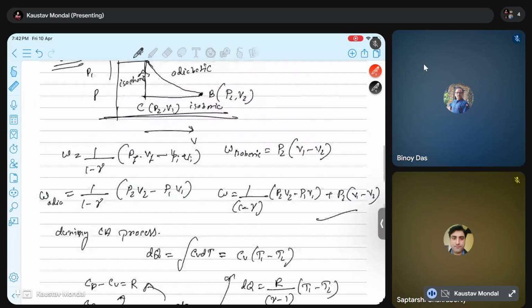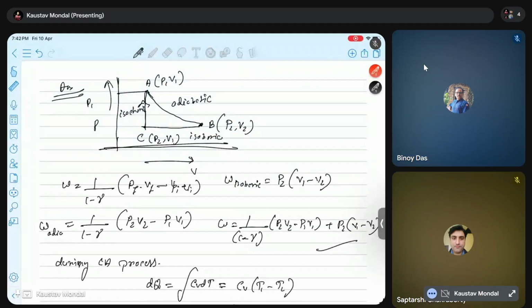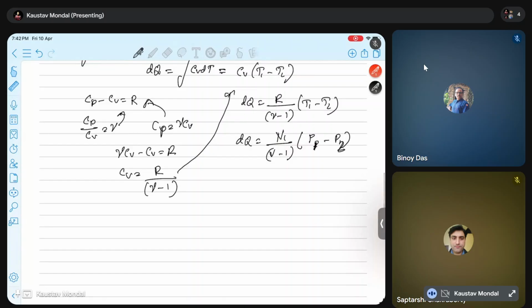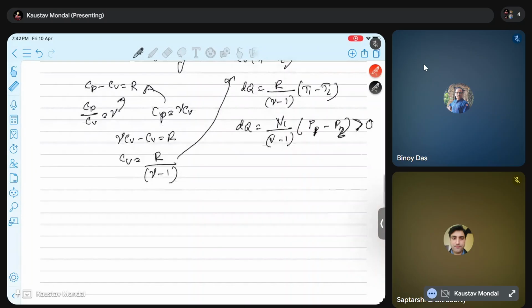You can see P1 is higher than P2, so P1 minus P2 is greater than 0. In that case dQ is greater than 0, so heat is absorbed.